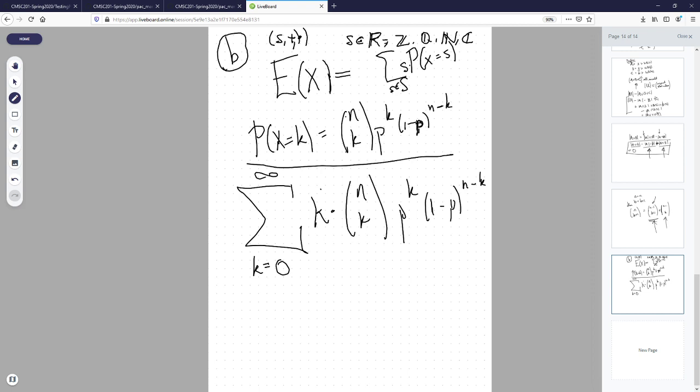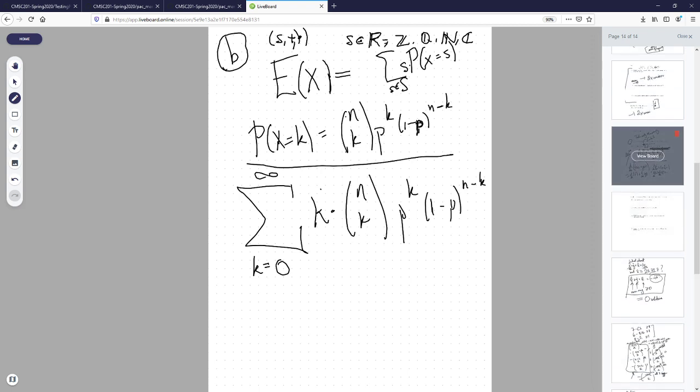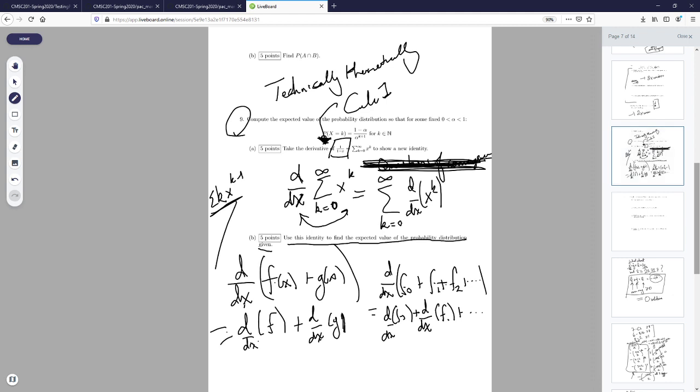Oh, interesting. Oh yes, okay. Wait, what did I ask you to prove? Oh, find the expected value.